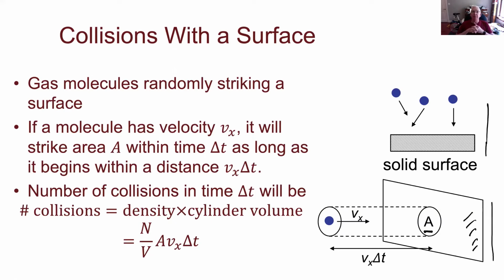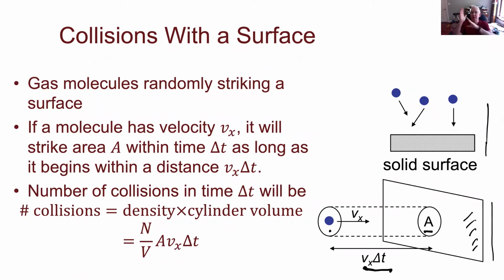To begin with, let's imagine I just have one molecule that I'm isolating and looking at, okay? My molecule starts out here. That molecule will reach my surface in a time delta t as long as it's moving towards the surface with a speed Vx. It'll reach it as long as its starting position is within this distance down here of the surface, okay?